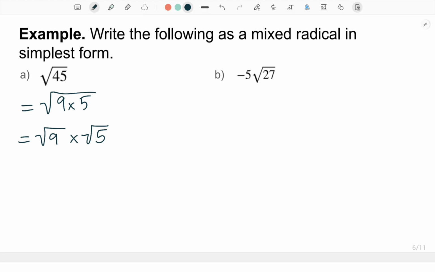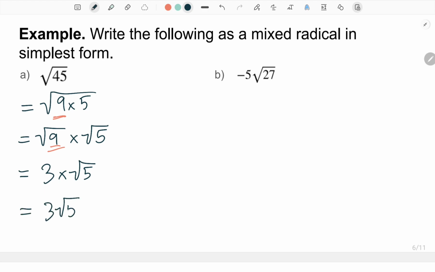And here's where the fact that I chose 9 is going to come into play, because 9 is a nice number. In fact, it's a perfect square. So we can take the square root of 9, which is just 3. So 3 times the root of 5. And when we're multiplying a number by a radical, we just drop the multiplication symbol.